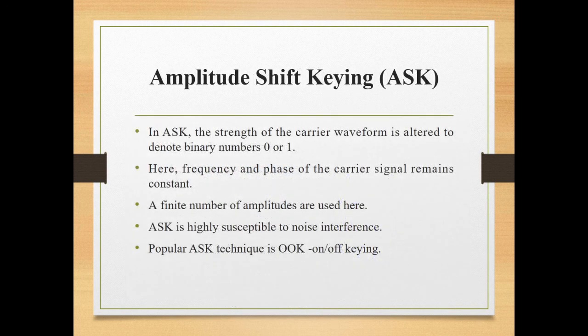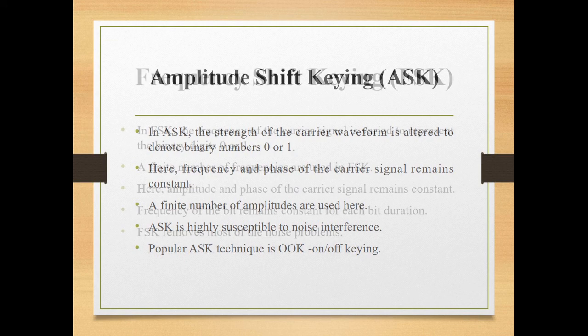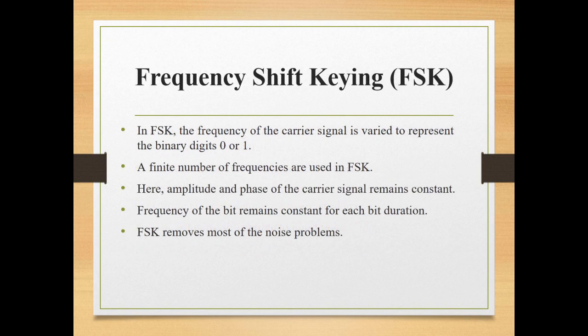In amplitude shift keying, the strength of the carrier waveform is altered to denote binary numbers 0 or 1. Here the frequency and phase of the carrier signal remain constant, and ASK is highly susceptible to noise interference. In frequency shift keying, the frequency of the carrier signal is varied to represent the binary digits 0 or 1.